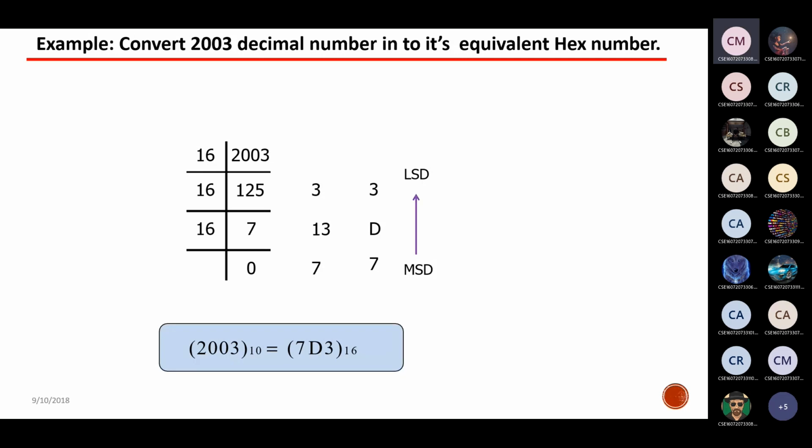Okay, 7D3 is the answer. I'm hearing only one voice. May I know who is this? Sir, Meghana. What's your roll number? 3084. Okay, so only one student is responding. Right.